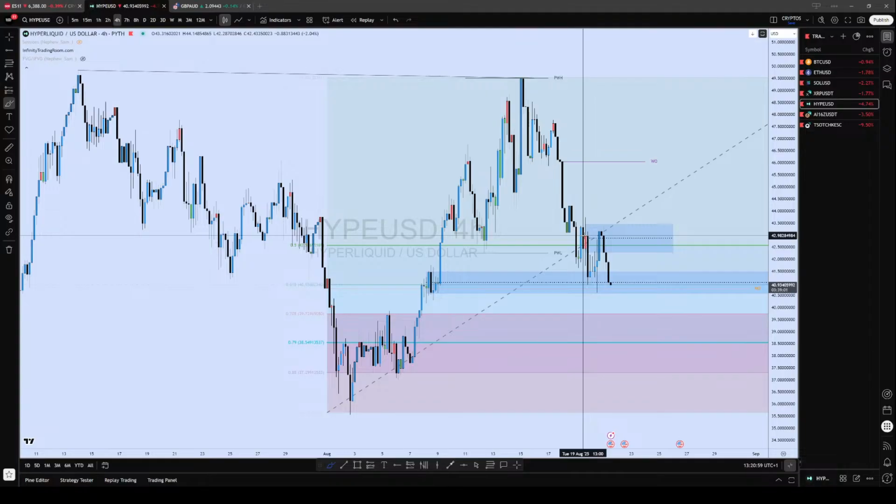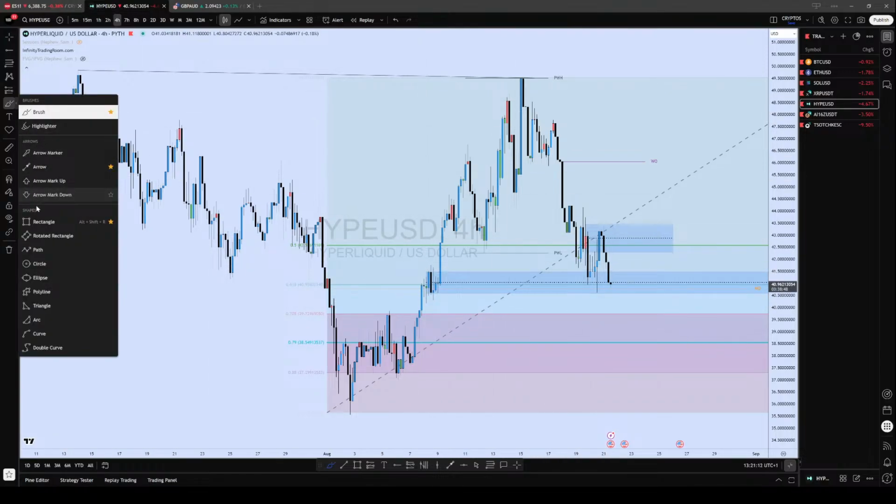Until then, stay put till it gives you that. I think it might do it after going below this low, so watch somewhere here.